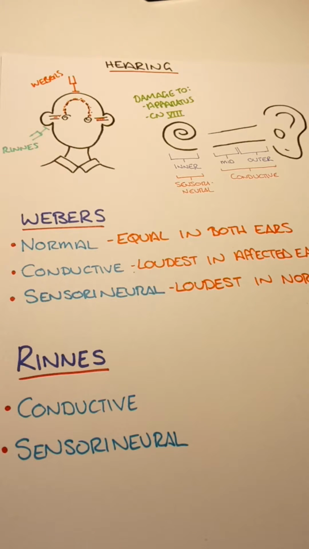What you're looking for is that air conduction should always be better than bone conduction. So if it's normal, once you've stopped hearing the sound on the mastoid process, you should be able to hear it at the ear canal, and that proves that air conduction is better than bone. That's normal.